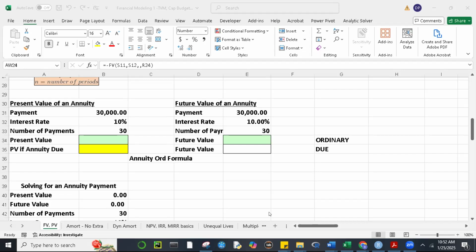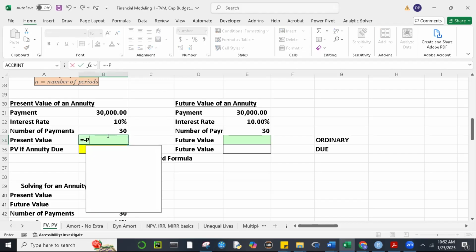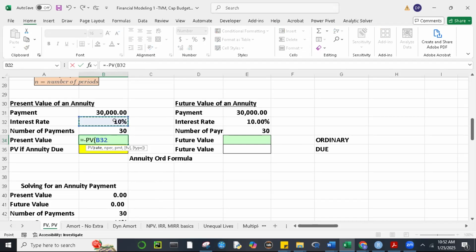So very quickly, class, just to illustrate, present value is, I'll put the negative sign here because we're not interested in the direction of the cash flow. Our rate is 10%, comma, NPER is 30, comma. We're going to use this annuity of 30, and no future value. And the type is ordinary, so that's 0, end of the period.